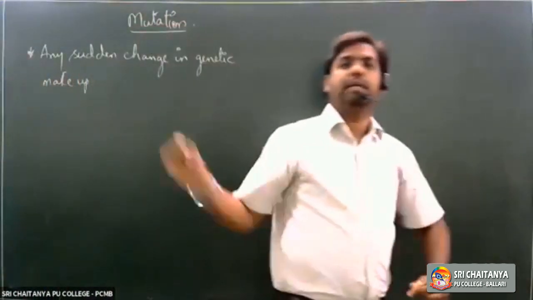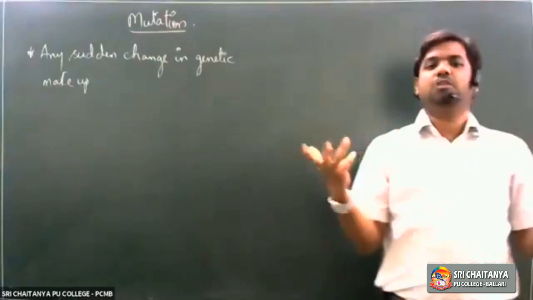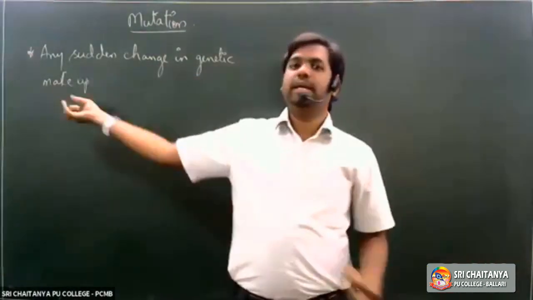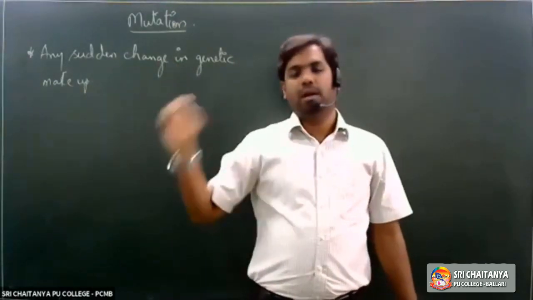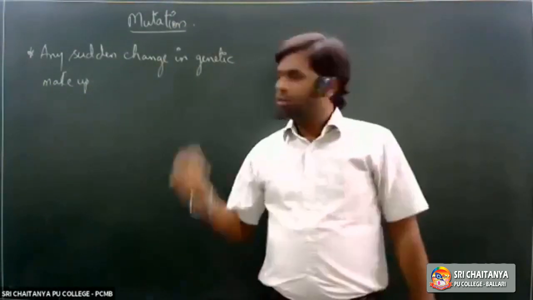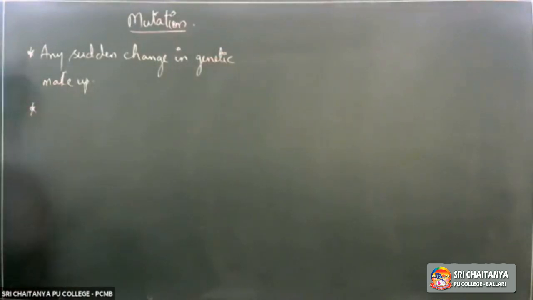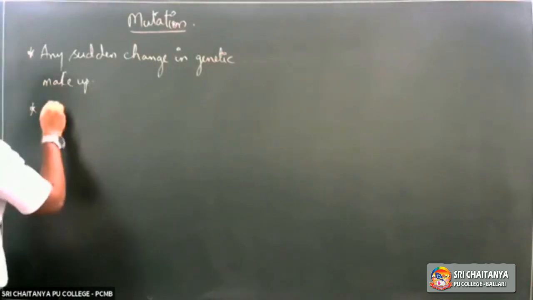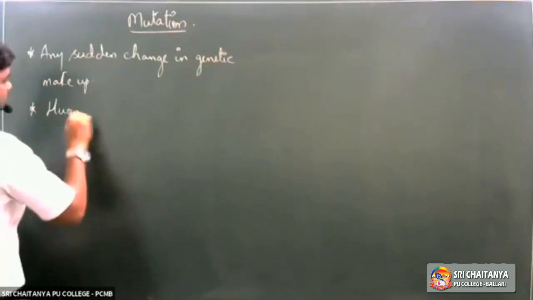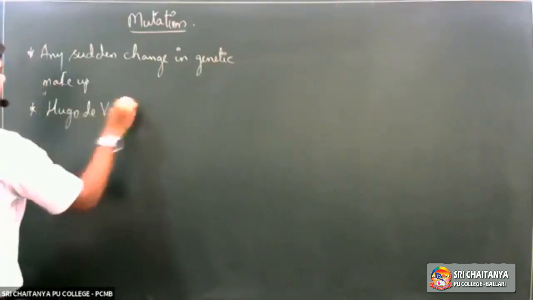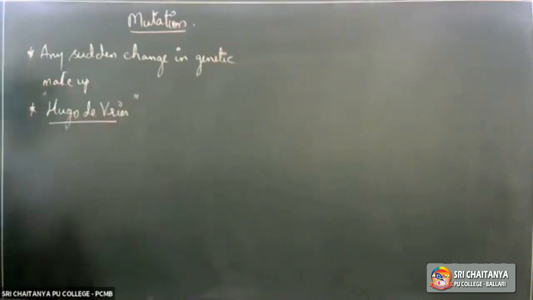Any change that takes place in the genetic makeup, we call it mutation. The concept of mutation was first put forth by a scientist named Hugo de Vries.